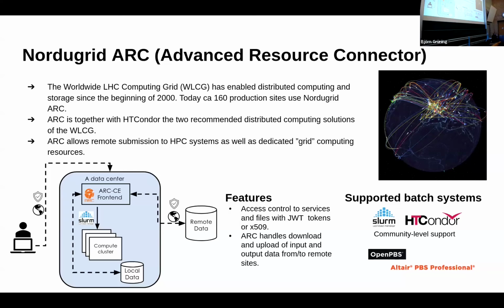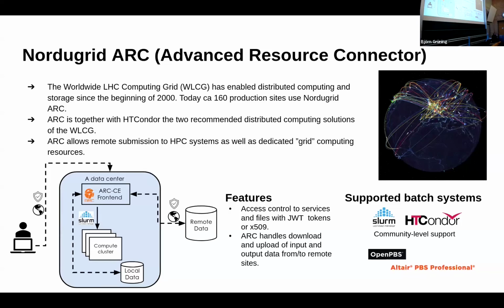You can make a site for the WLCG work with either Arc or HTCondor. Those are the two recommended distributed systems to run a node. And Arc allows you to submit jobs to remote HPC systems because it's a middleware.